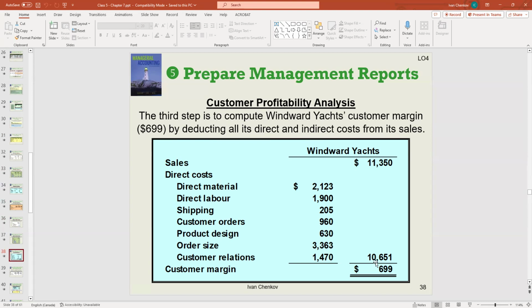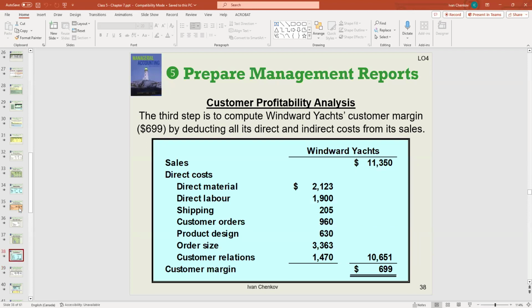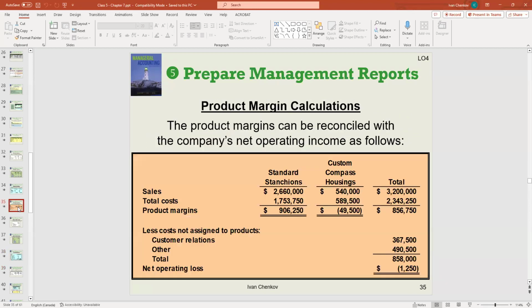We're going to see that total costs are less than the sales. So this client actually contributes to our company. So that's a profitable client. So that's based on the activity-based costing. If we apply activity-based costing, we can see why we're losing money.